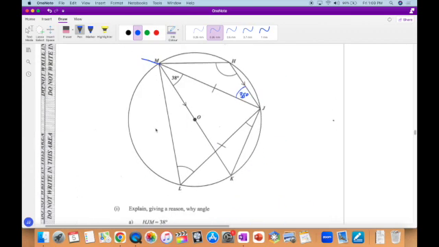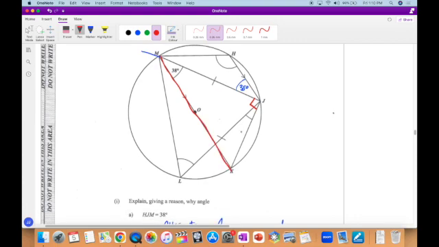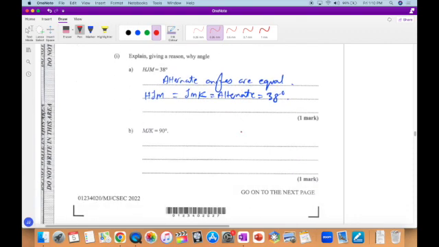MJK is 90 degrees. What is MJK? This is 90. Yes, we could see that MK is the diameter passing through the center, and so MJK implies angle subtended by a semicircle equals 90 degrees.